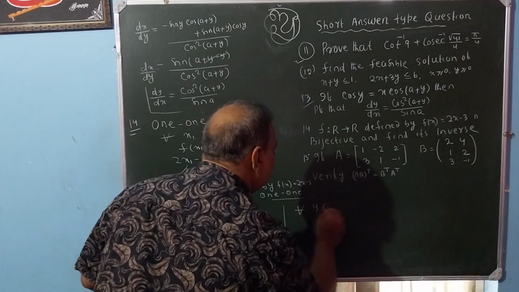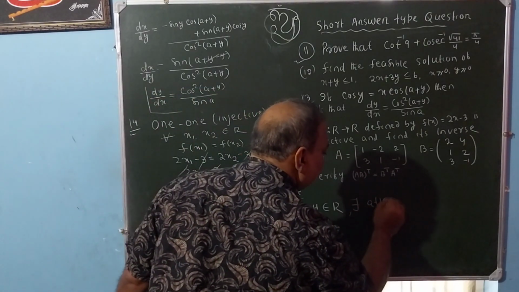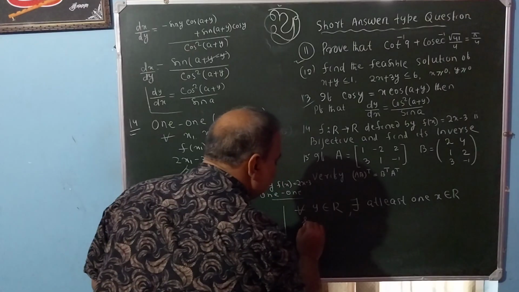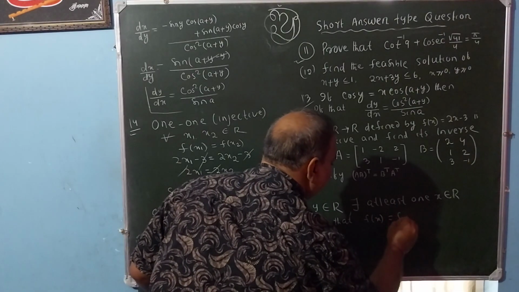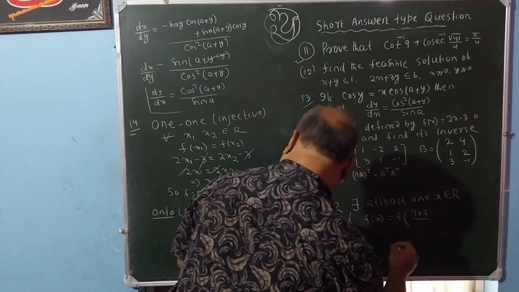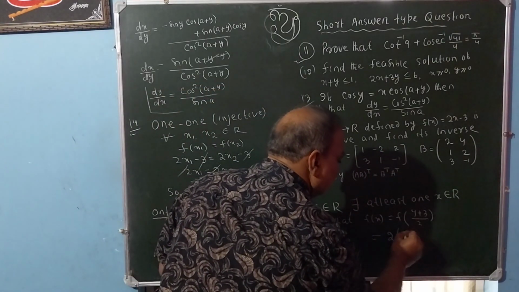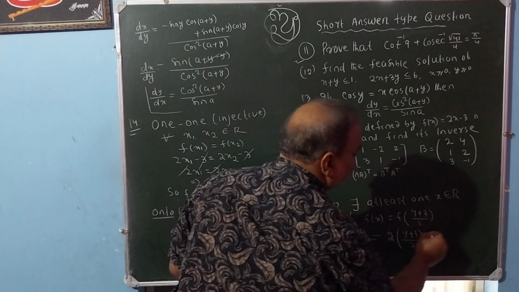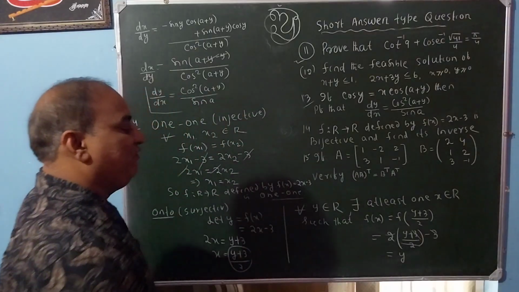For all y belongs to R, there exists, this is the symbol for there exists, at least one x belongs to R such that f(x) means 2 times (y plus 3) by 2 minus 3. 2 cancels, 3 cancels, that is y. f(x) is equal to y.